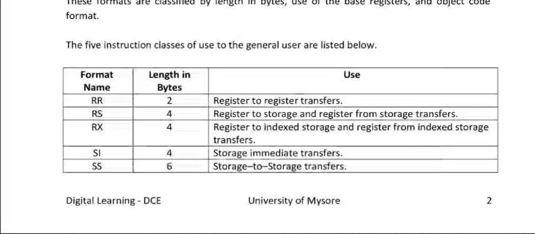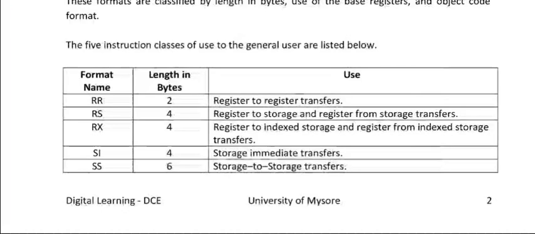The first format is the RR format, which makes use of 2 bytes of memory. And the use of this RR format is for register to register transfers. And the next type of format is the RS. Here the use is register to storage and register from storage. This supports register to storage and register from storage transfers, and the length of this format is 4 bytes.